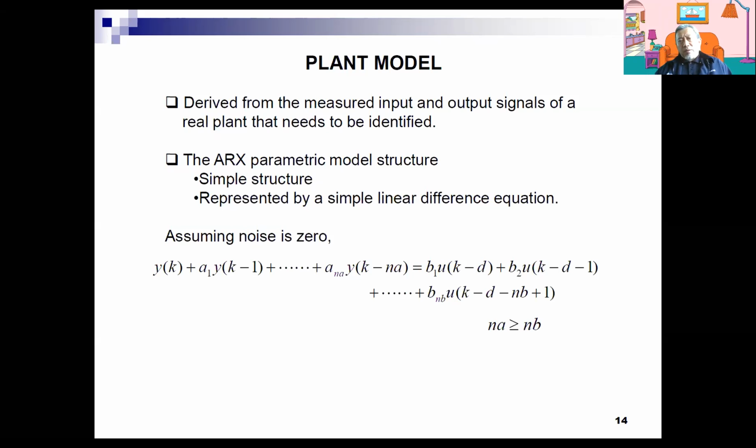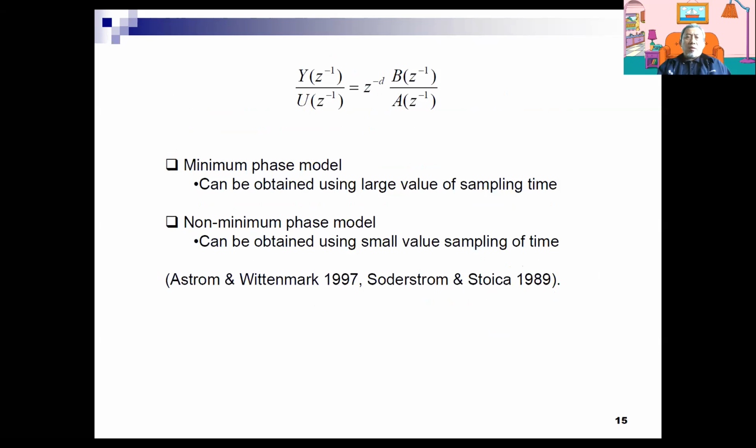It shows that the denominator part of the noise is very small and can be ignored. So that's why the ARX model becomes Y over U equals B divided by A, Z operator.